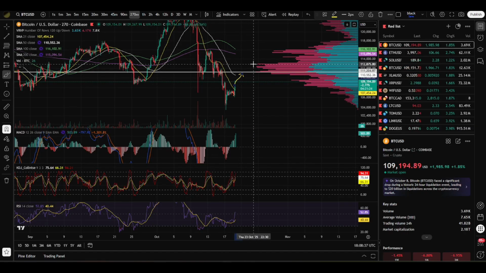So I think we have from here, from the white line on the VRVP to about here, which is about 113,000, which we can see was some resistance, right? And this trend line coming across here really gives us an indication that it may push through this line and come up and then hit resistance and come back down.